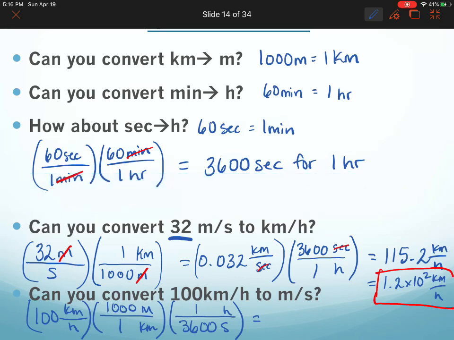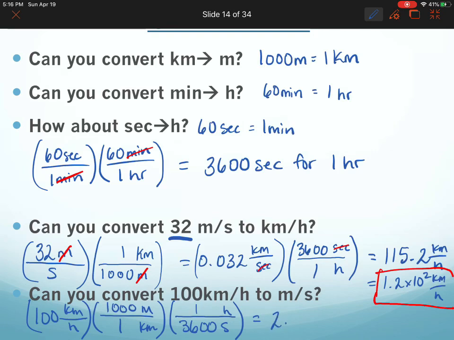All right, so surprise, surprise, to go from meters per second to kilometers per hour, we divided by 1,000 and then multiplied by 3,600. And here, when we're going the opposite direction, we just do the opposite. We multiply by 1,000 and divide by 3,600. So 100 times 1,000, and then we divide by 3,600.